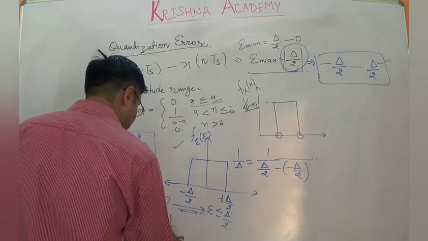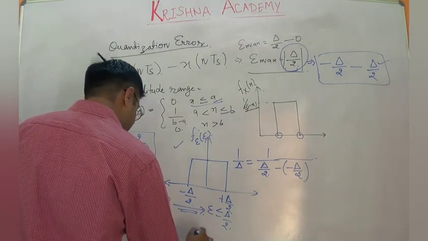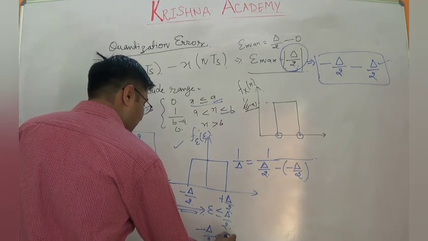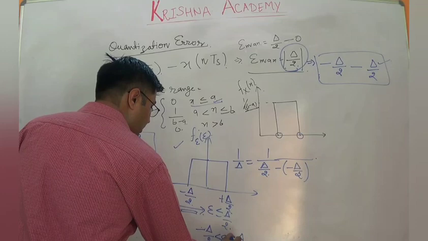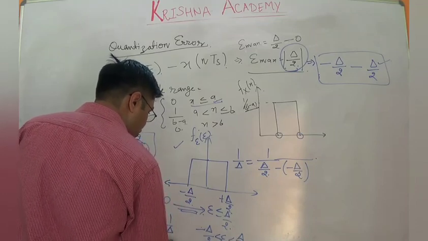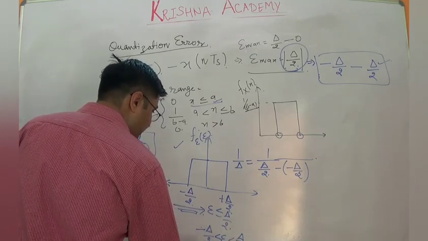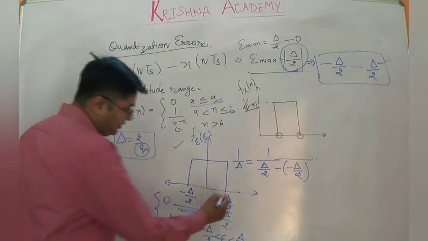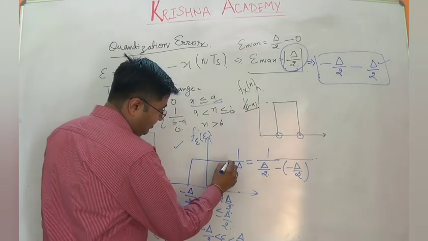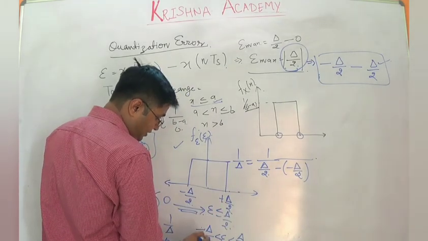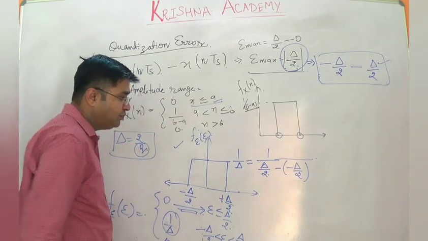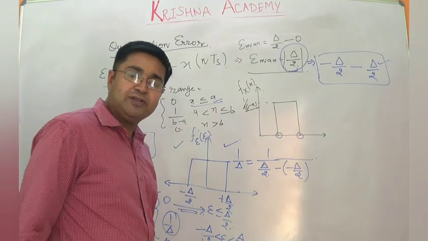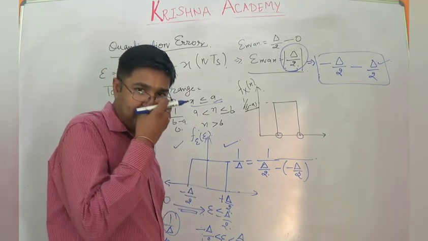It is 1 upon delta when it is between minus delta by 2 and delta by 2, and again 0 when it is greater than delta by 2. You can see it over here. This value is 0, and here is the maximum value where we are getting it, and that is 1 upon delta. Now we will talk about the SN ratio of this particular PCM signal.